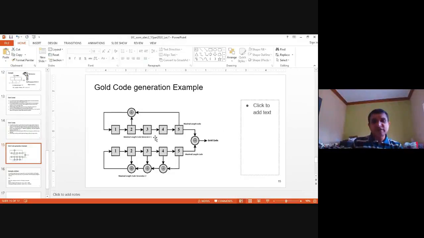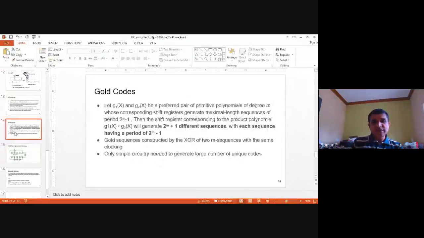How many sequences will you get for one part of this? You will get 2 raised to m minus 1. Here you will get 2 raised to m plus 1 sequences. So you are getting a huge number of different sequences to be used in CDMA.